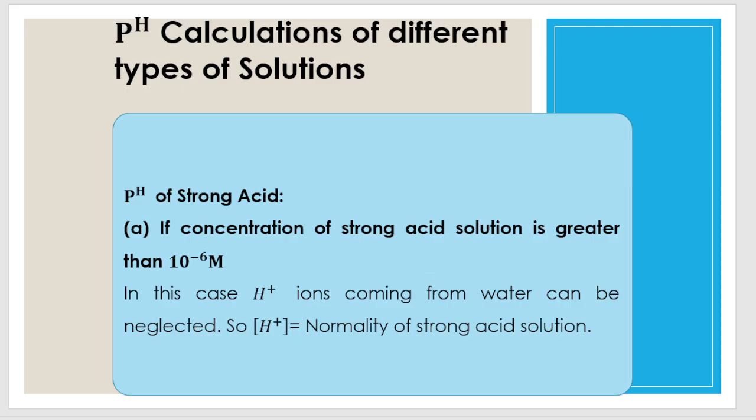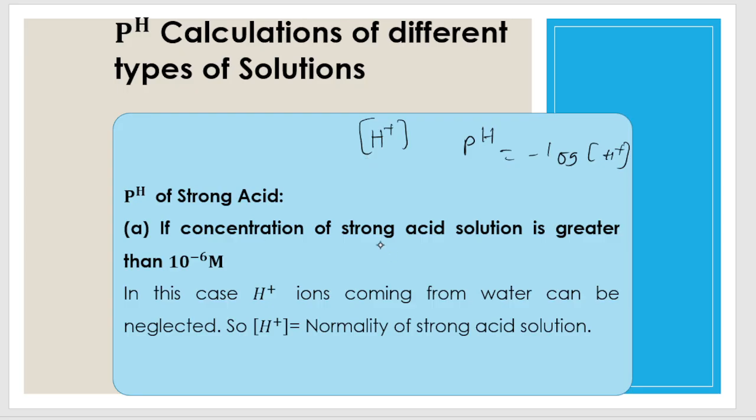Here we are going to discuss how to calculate the H plus ion concentration. Why do we need to calculate H plus ion concentration? Because we want to calculate the pH, we want to apply the negative logarithm to that H plus ion concentration. If they don't directly give the H plus ion concentration, for different solutions, how to take the H plus ion concentration, let us see.